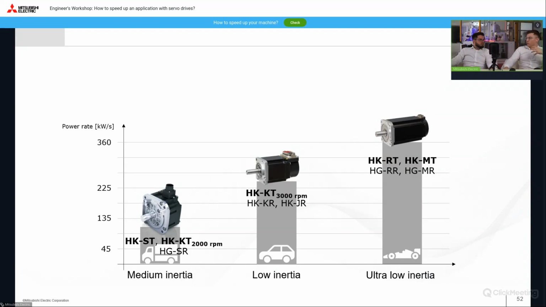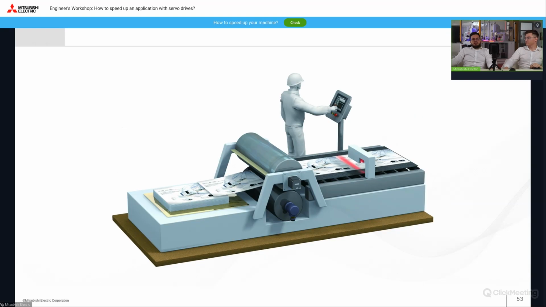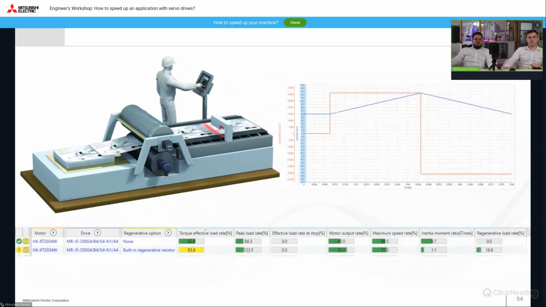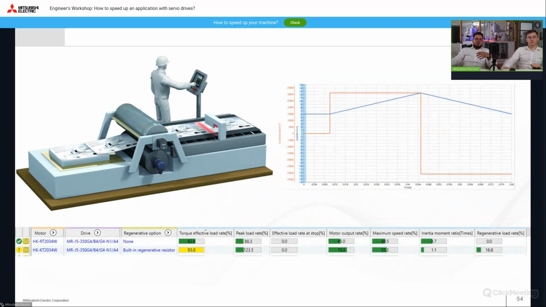I think now I know what you mean, but let's show it with a real life example. Well, then let's take an application I sized last week, a rotary knife application with 6 blades. For the same configuration, as can be seen in the table in the middle of the slide, ultra low inertia motors, so the HKRT motor, have about 30% lower effective load than the low inertia HKKT motor.